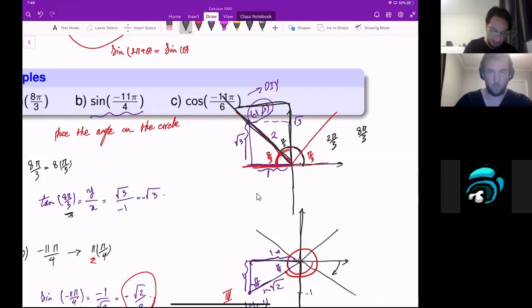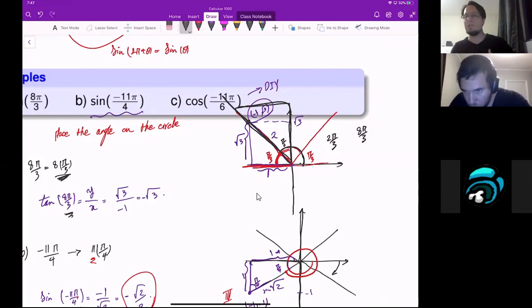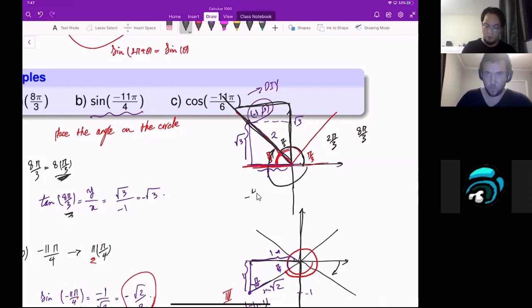The point for me was that first you place this angle on the coordinates correctly, and then after that it can be matched with different angles. In particular it can be matched with 2 pi over 3, or with negative 4 pi over 3. All of these will give me the same trig function values. Does that answer your question? Yeah, kind of. Thank you.